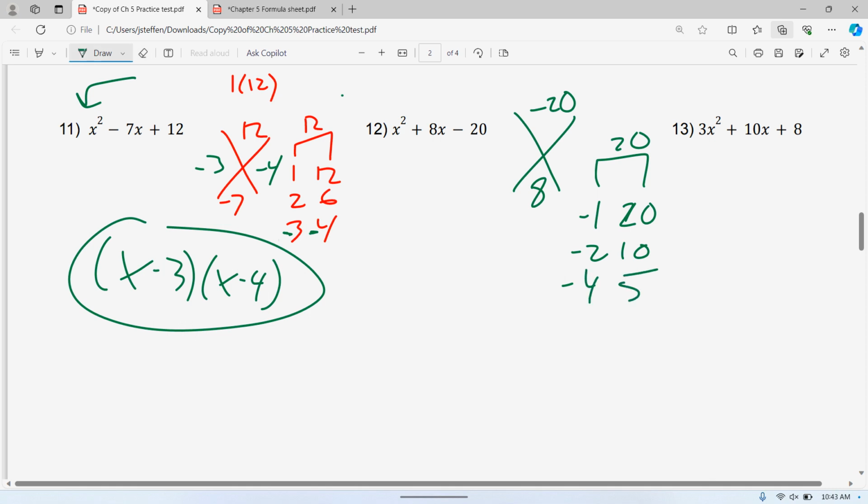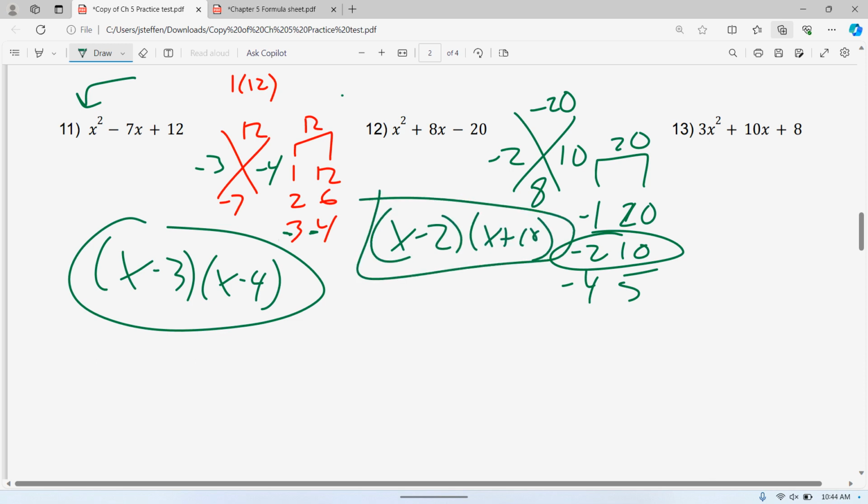So which ones add up to be positive? Negative 2 and 10, and that one does work out. You don't have to change any signs, but it's always good to double check. Negative 2 times 10 is negative 20. Negative 2 plus 10 is 8, so x minus 2. Broken record, but you would divide both the 10 by the number in front. We just don't have a number in front.